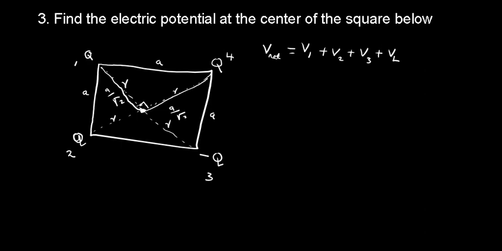So let's go ahead and put in our values. So here, remember that V is equal to KQ1 over R plus KQ2 over R plus KQ3 over R plus KQ4 over R.